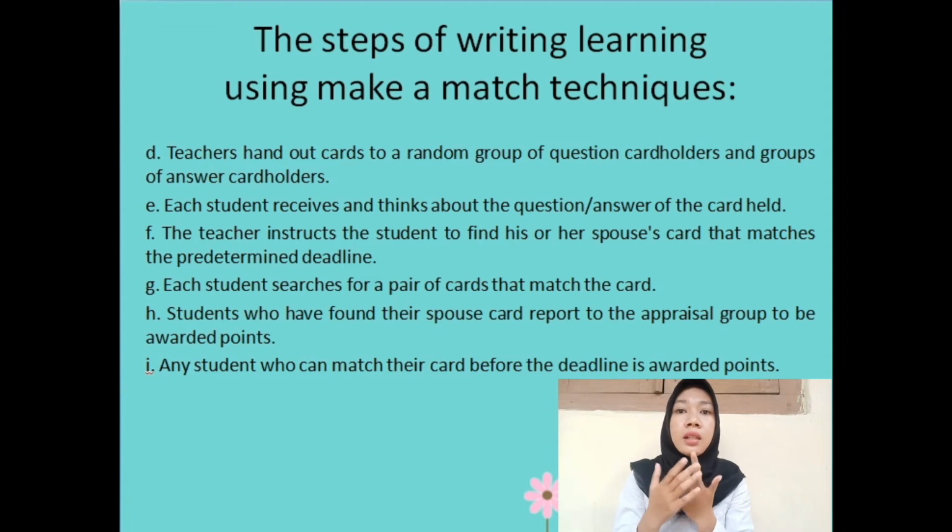Seventh, each student searches for a pair of cards that match the cards. Eighth, students who have found their spouse card report to the appraisal group to be awarded points. Ninth, any student who can match their card before the deadline is awarded points.